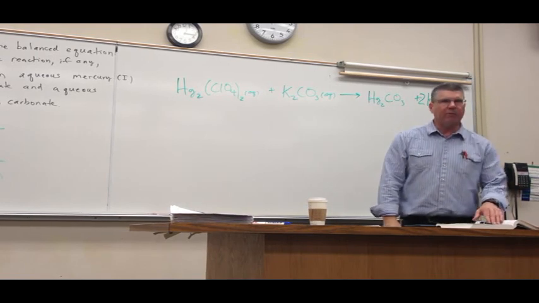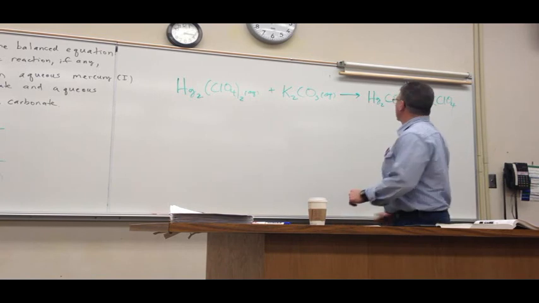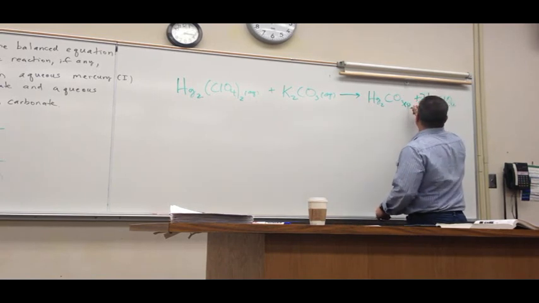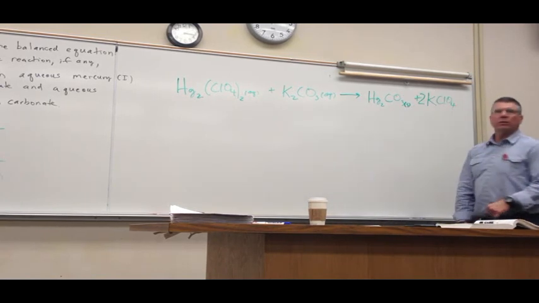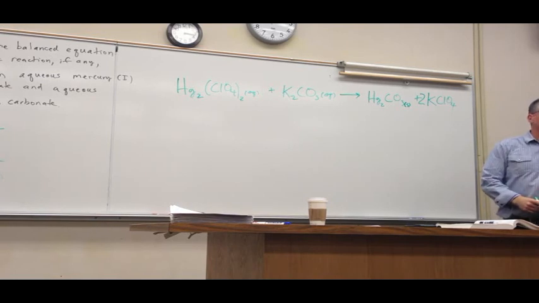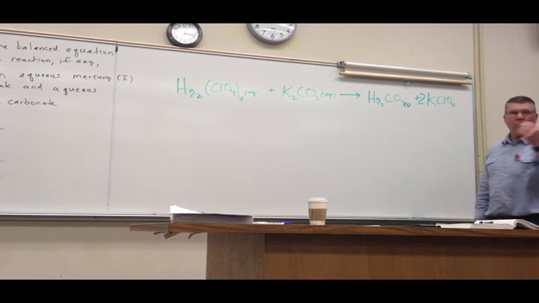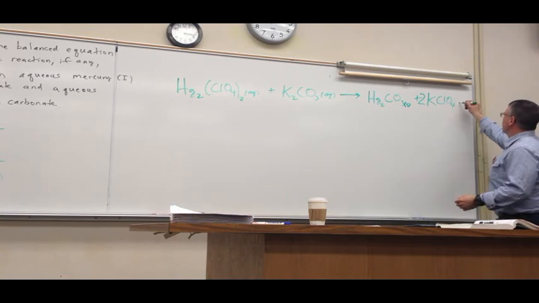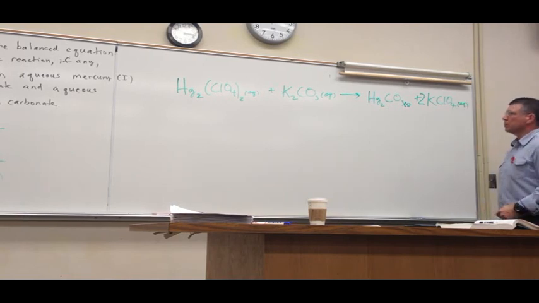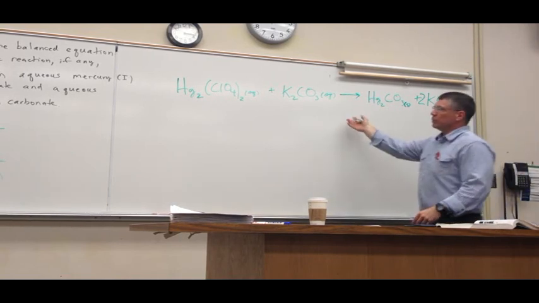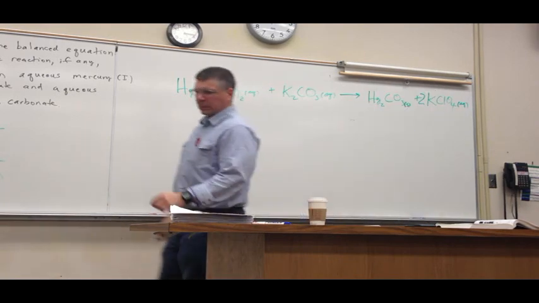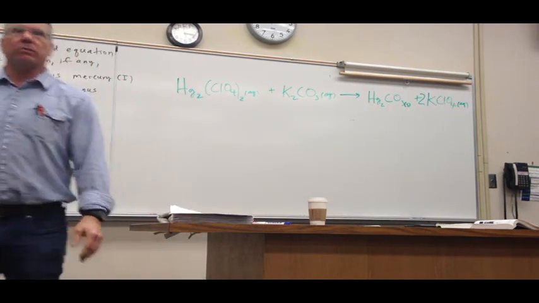Mercury 1 and also 5, right? 3 and 5 both, you're right. So it's a solid. What about potassium perchlorate? Aqueous, it's soluble. Rules 1 and 2 both, right? So there it is. That's another way you would use the solubility rules.